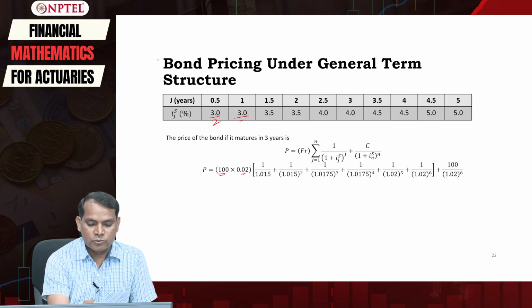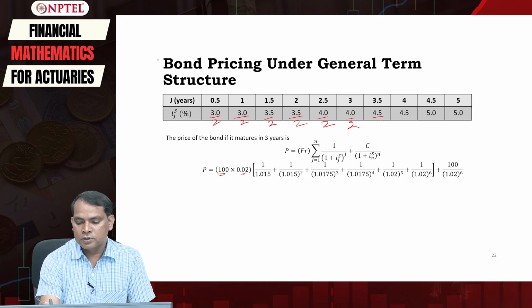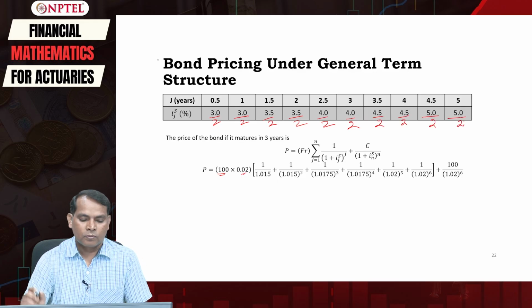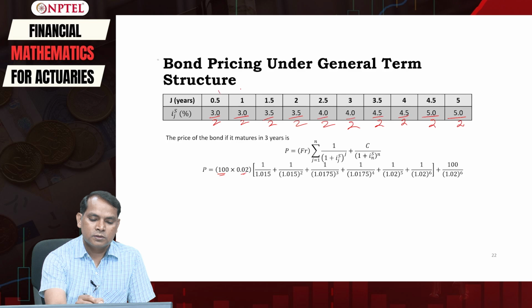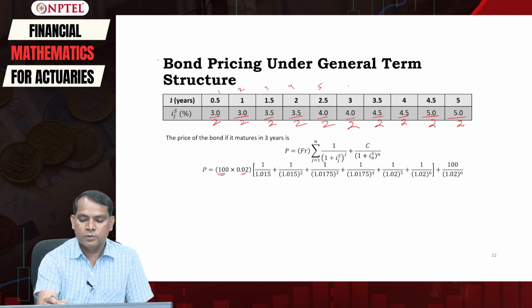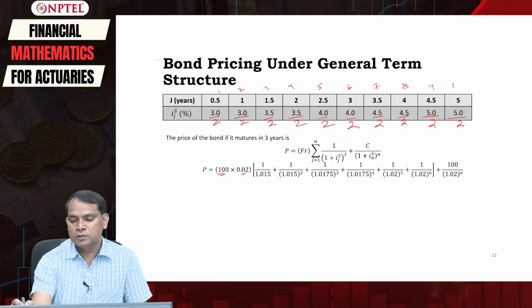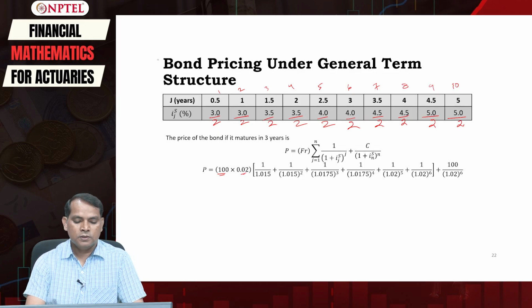So, every time we divide it by 2 and then proceed. And n here is 1, 2, 3, 4, 5, 6, 7, 8, 9, 10.